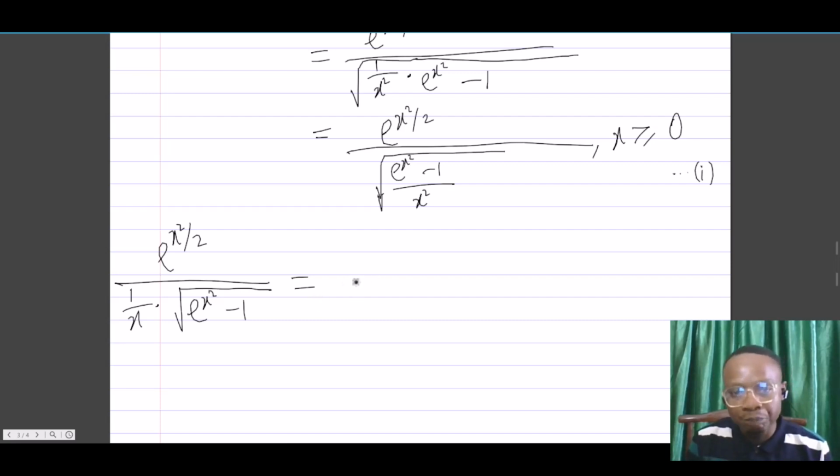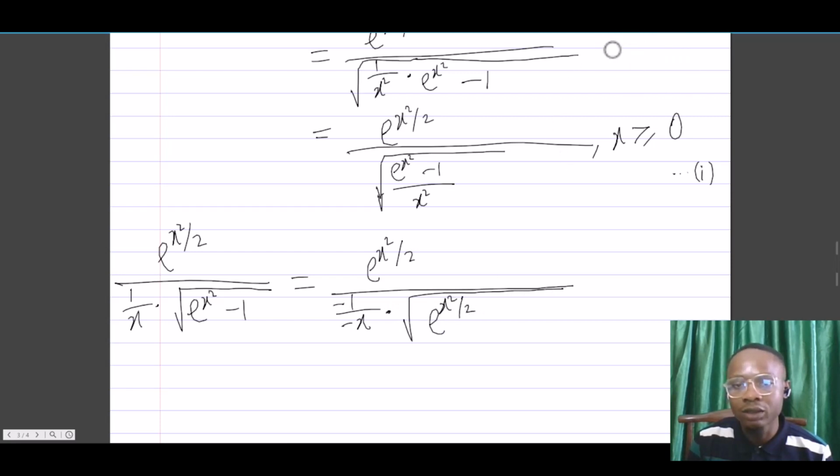Pay attention now. This is equal to e to power x squared over 2 divided by 1 over, and I'm going to have this as minus x. To have minus x, let me also put minus outside here. Then I know minus and minus will cancel out, so it doesn't change what I have here already. Then multiplying the root of e to power x squared, sorry, that's just x squared, not x squared over 2, then minus 1.